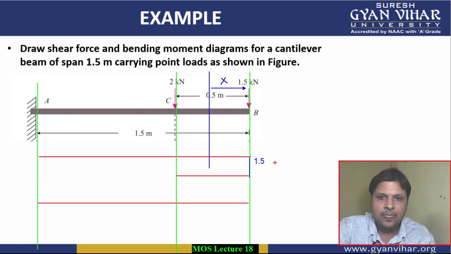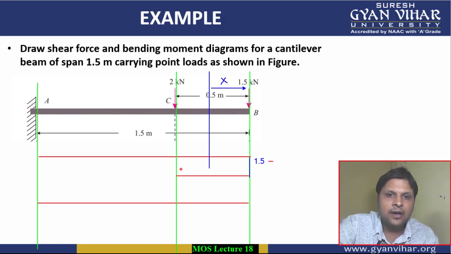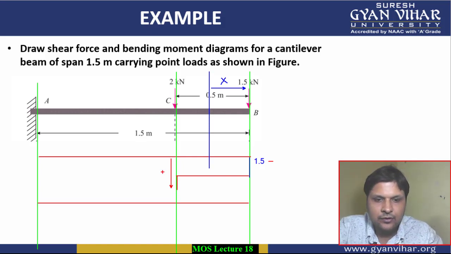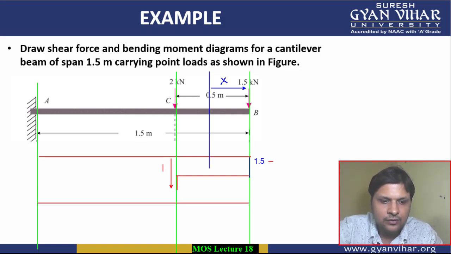Already 1.5 is negative, and to it you will add minus 2 kilonewton, so it will be equal to 3.5 kilonewton. From the baseline this value will be equal to 2 plus 1.5, that is 3.5 kilonewton.